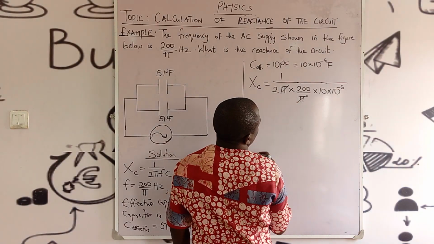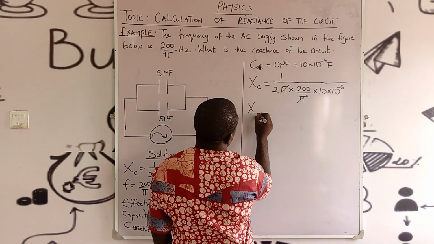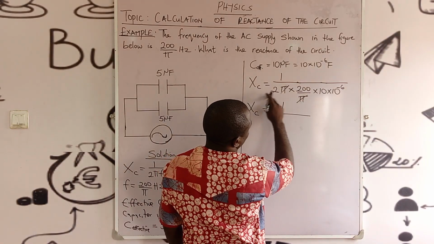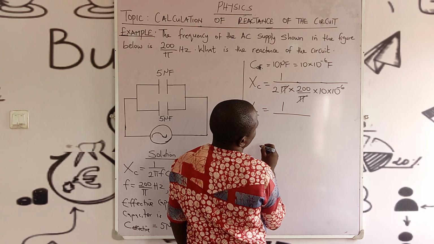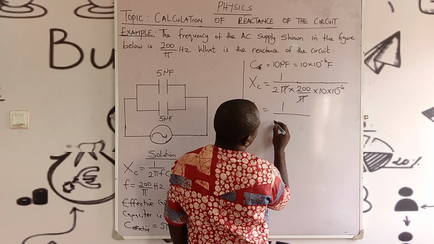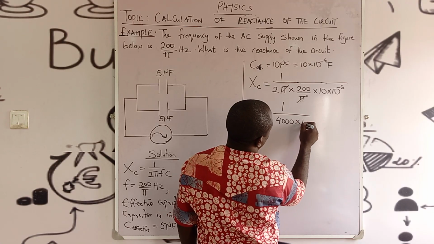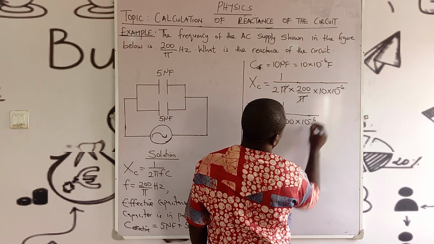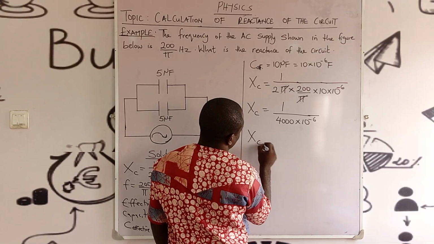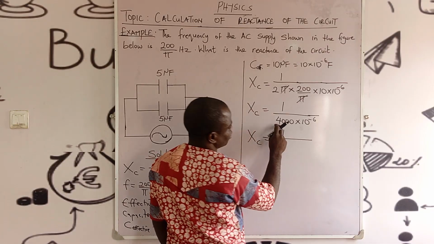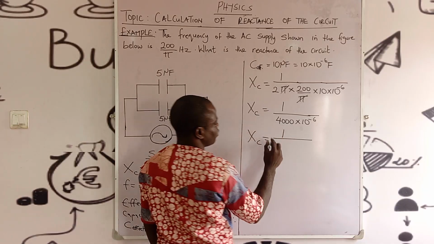Pi cancels pi. Capacitive reactance equals 1 over 2 times 200, that's 400. 400 times 10, that's 4,000. 4,000 times 10 to the power minus 6. Now, capacitive reactance equals 1 over, let's take this into standard form.